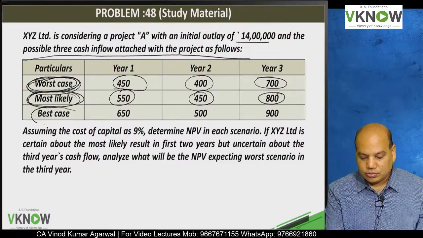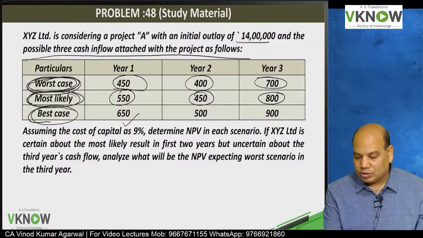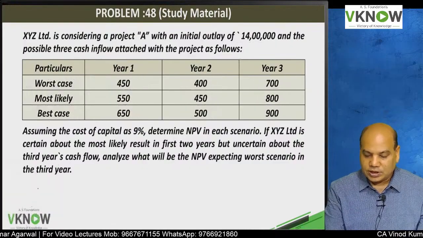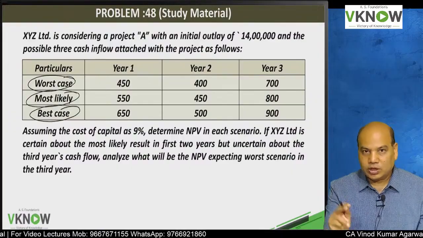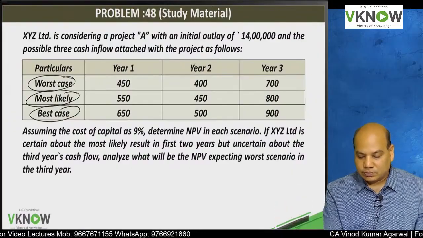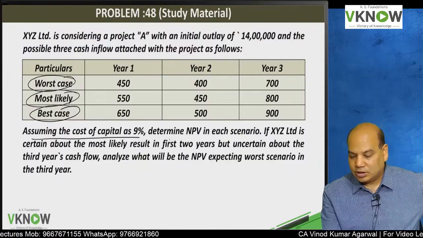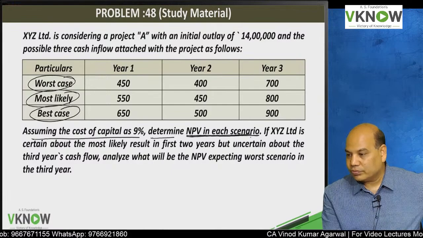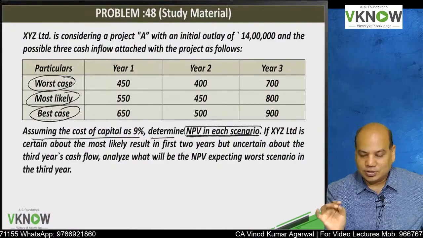But suppose your luck is good, best case, then you will get 650, 500 and 900. So depending upon which scenario unfolds in future, you can have three different NPVs. Assume cost of capital is 9%, that is for discounting. Determine NPV in each scenario. So it's basically solving three basic questions.